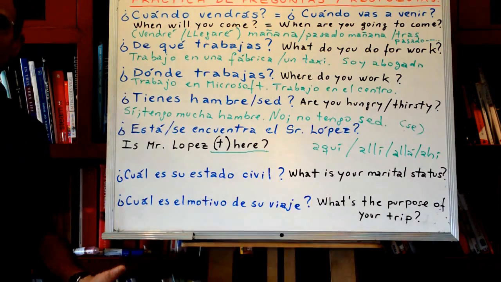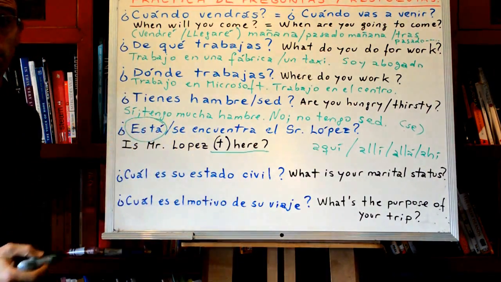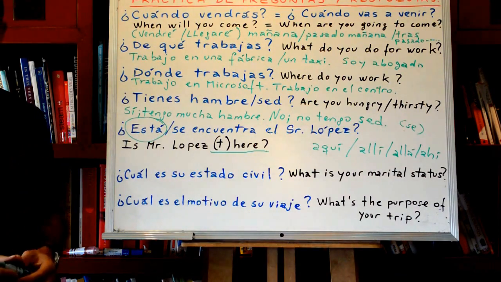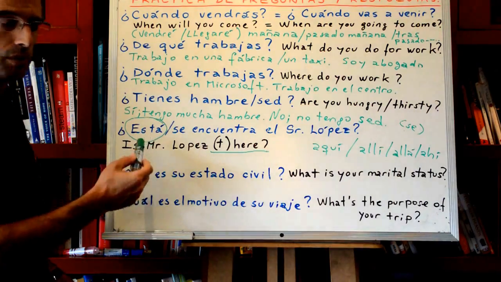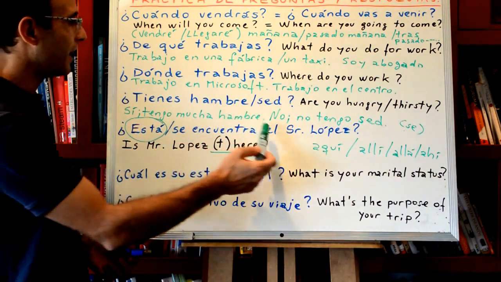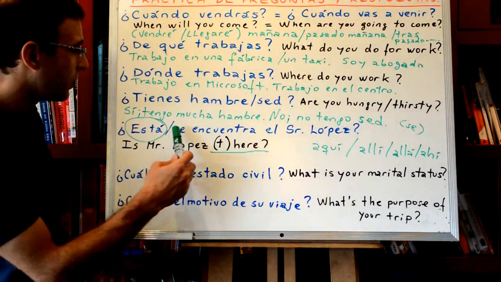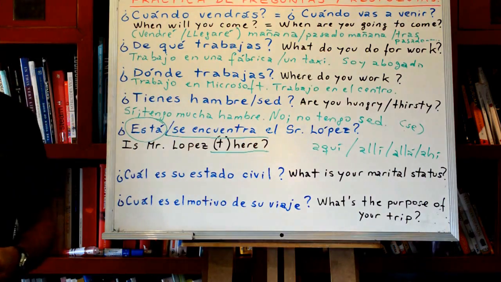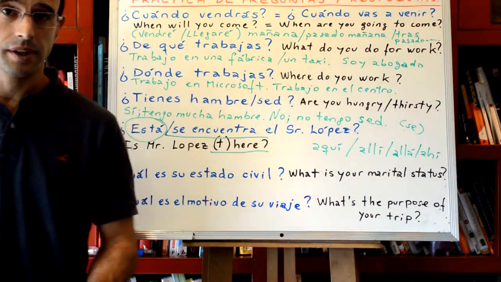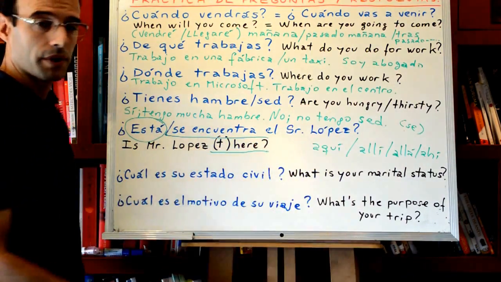If I'm talking informally, since this word is shorter, it has fewer syllables, it's simpler and easier to say, I would say, está el señor López, right? But since this one is a bit more polite, if I'm calling somebody from the office, I will say, se encuentra el señor López, okay?